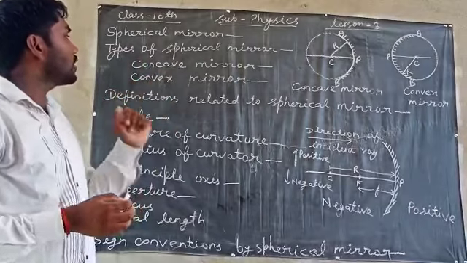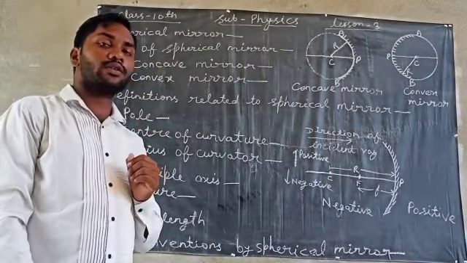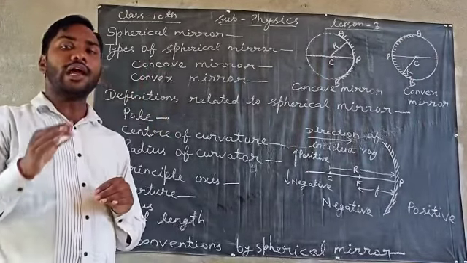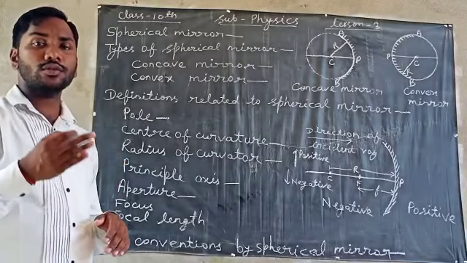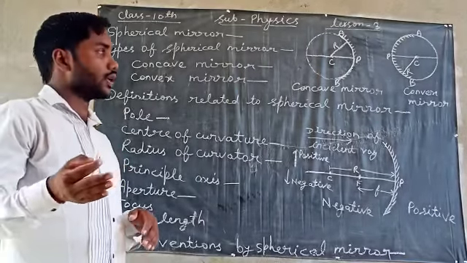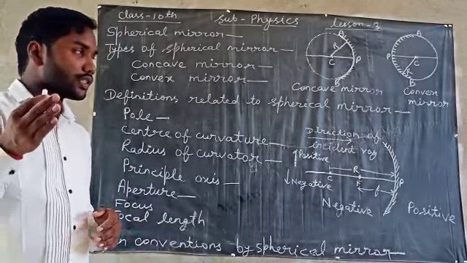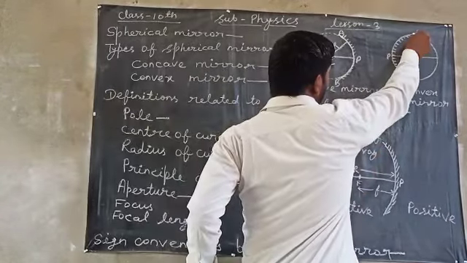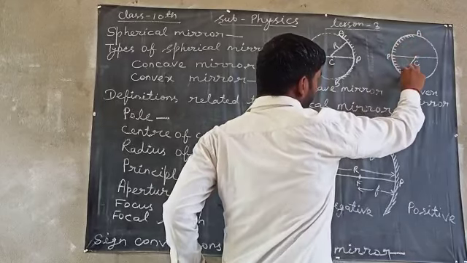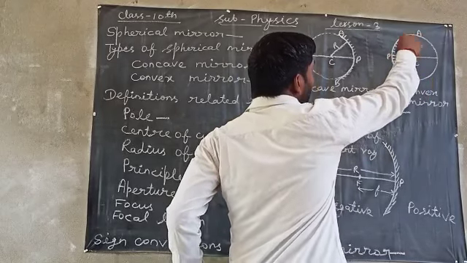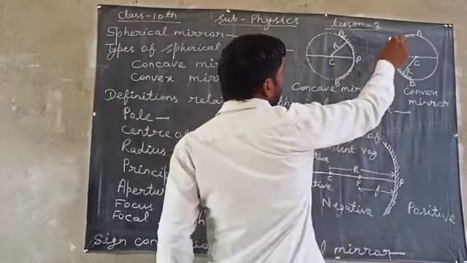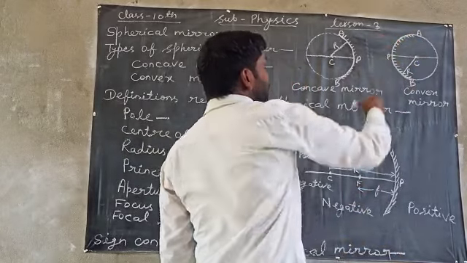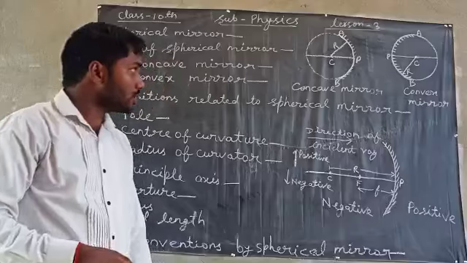After that, we will discuss the convex mirror. When light is reflected from the outer surface of the sphere, it is called a convex mirror. You can see in this figure, the inside part is polished, so reflection will take place from the outer surface.